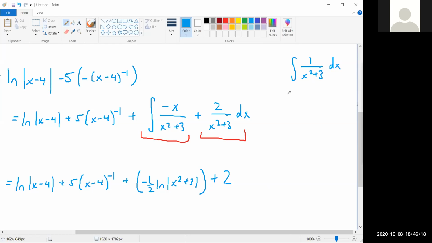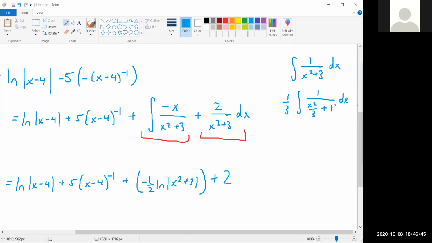So we can fix that, but it will require a little bit of work. What I can do is factor out a 3 in the denominator, which will give you 1 over x squared over 3 plus 1. I think that's right. Yeah, that's right.